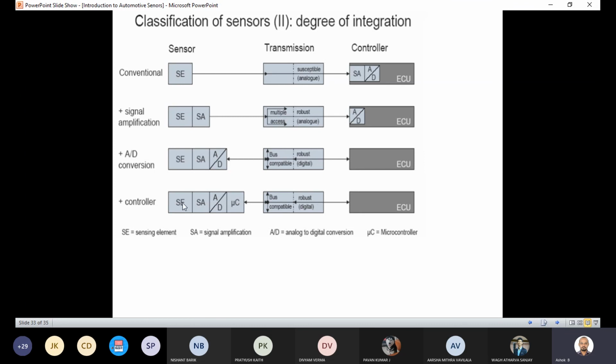The sensor measures the value and immediately processes the information, and the processed information can be given directly to the ECU. So it avoids any signal loss and can give better quality signal also. Either type of sensor can be used in automotive applications. It is not necessary to always use the latest type of sensor. Any type of sensor can be used according to the cost and the requirement.